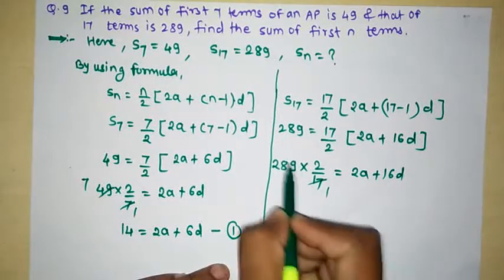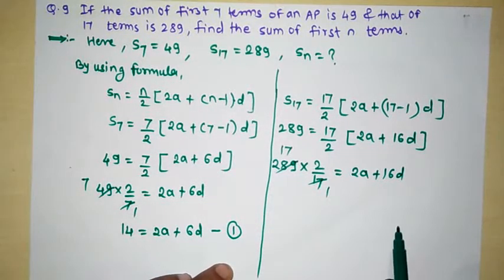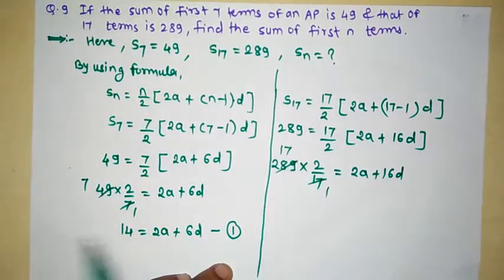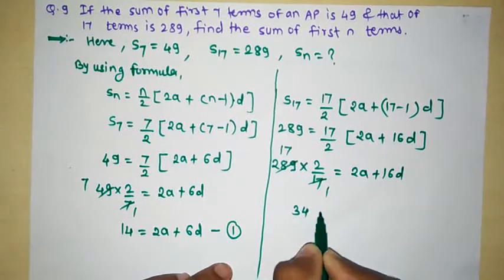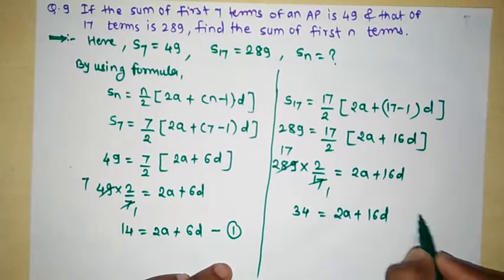Now 17 ones are 17, 17 sevens are 119, and we know that the square of 17 is 289, so you can write it directly as 17. 17 into 2 is equal to 34, which is equal to 2a plus 16d.